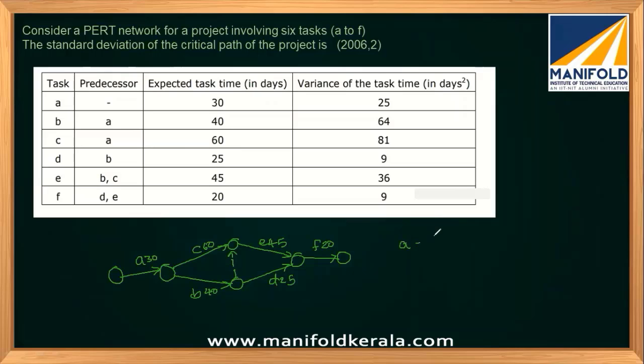So A, C, E, F; A, B, D, F; A, B, E, F. Since the dummy is there, we don't have to include it when we calculate. Let's find out the length of each path. 30 plus 60, 90, plus 45, 135, plus 20, 155.